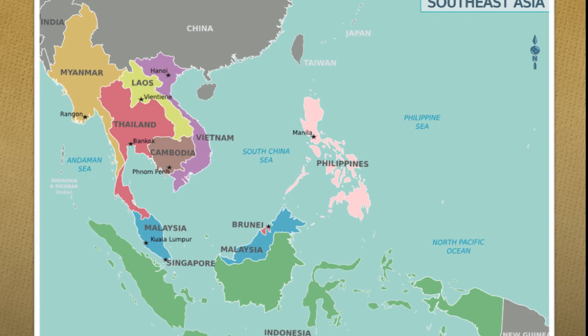All right, it has a large border with China on the northern eastern part of Myanmar, okay? And it has also quite a large border area with India on the western part of Myanmar. And there is a little bit of a border with my country, Bangladesh.